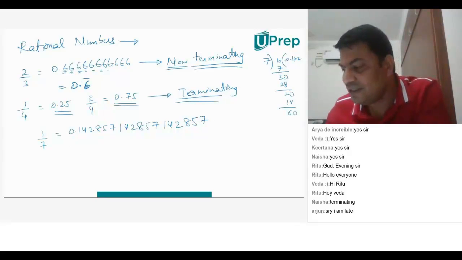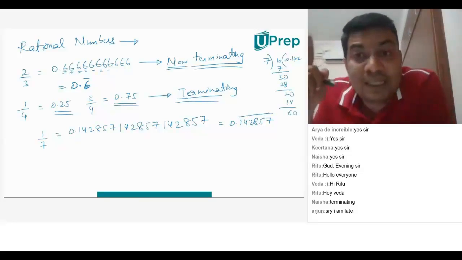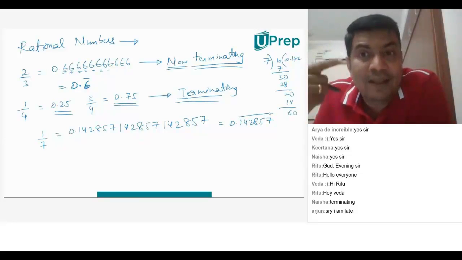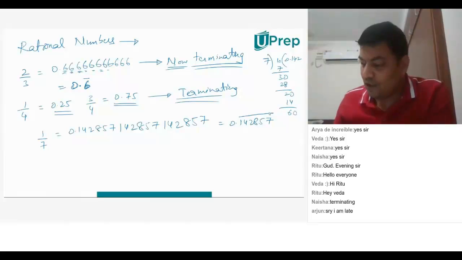Now in 1 by 7, we write this as 0.142857 with a bar here. So when we have something that is recurring, even if it is non-terminating, we always say so.